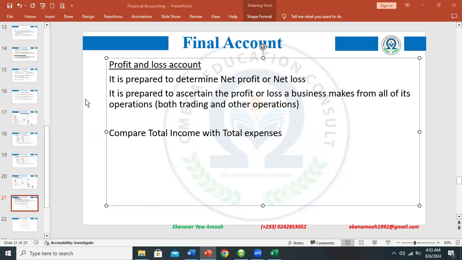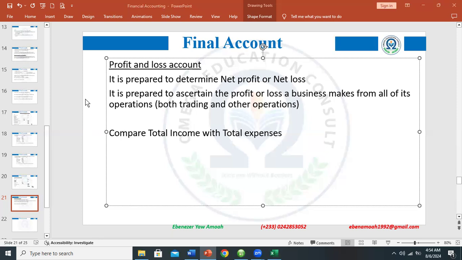So let me digest myself. If you look at a tomato seller, the major source of income for a tomato seller, one is the profit she's making from the buying and selling of the tomatoes, which we have all agreed that that will be the gross profit. So apart from the gross profit, this tomato seller probably could be engaged in other operations that brings in income.